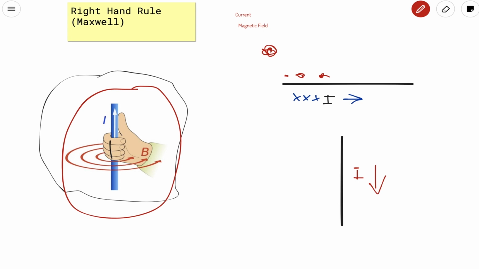So you discover that it is into the page at the beginning, and then it's out of the page at the other side. So you just get familiar with it, you get accustomed to it, but basically what we're trying to know here is that this type of right-hand rule is for current in conductors when you're trying to find the direction of the magnetic field. Okay.